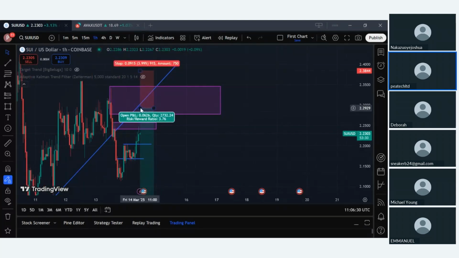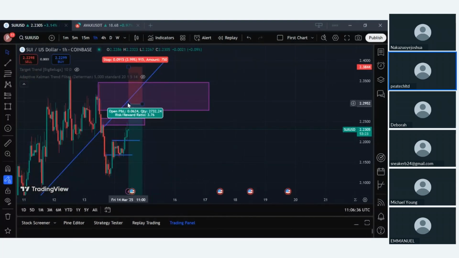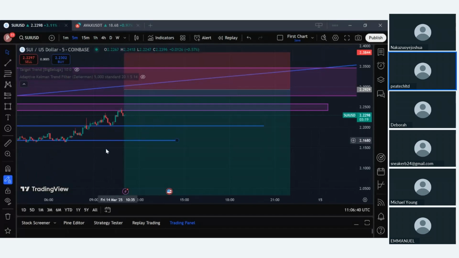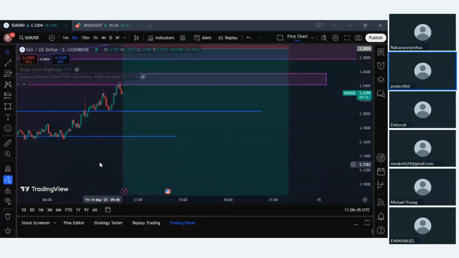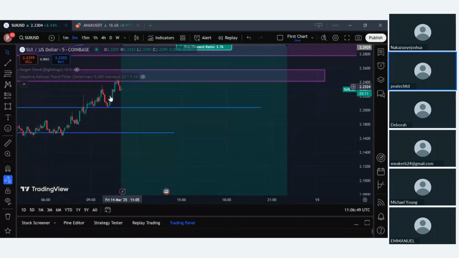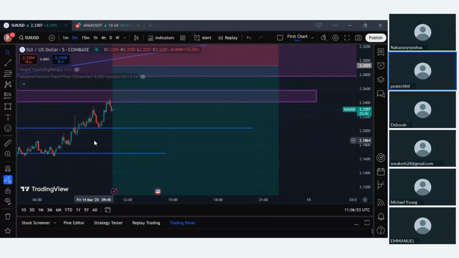This is the point of entry that I drew. So this is the point we'll be expecting to enter the market if it gets there. If it does not get to that point, there are also parameters we will look at before we take the entry. When we come to the lower time frame, we'll look at the structure that the market is giving to us. That we'll now know if we are taking the entry or not.